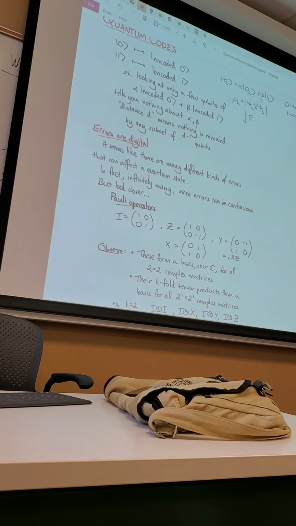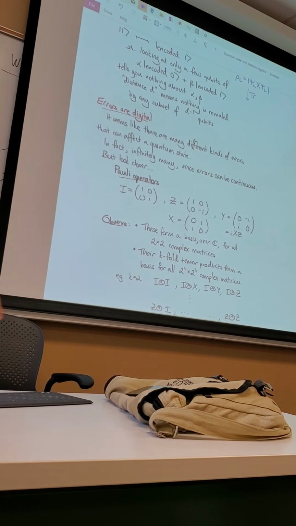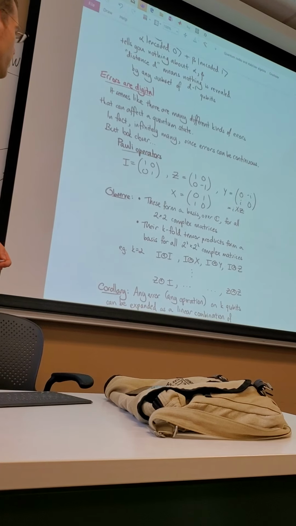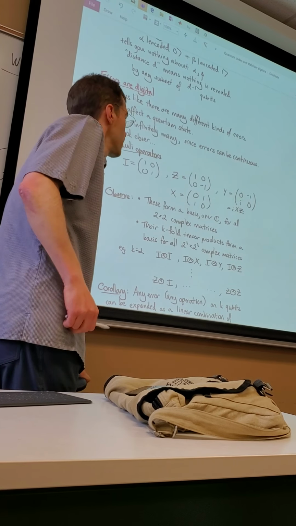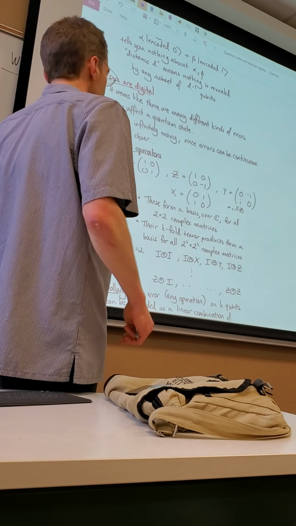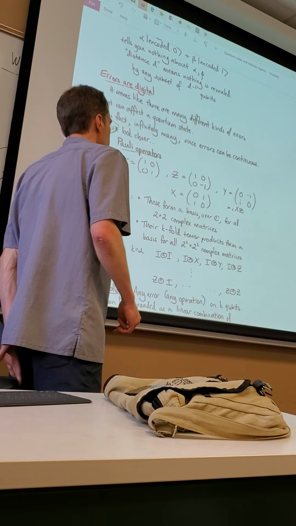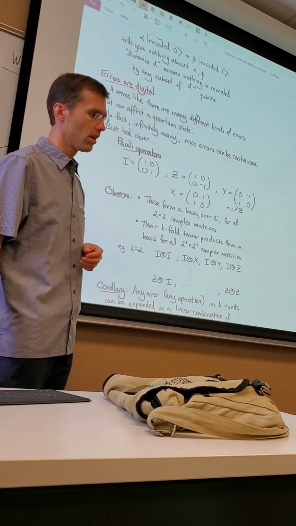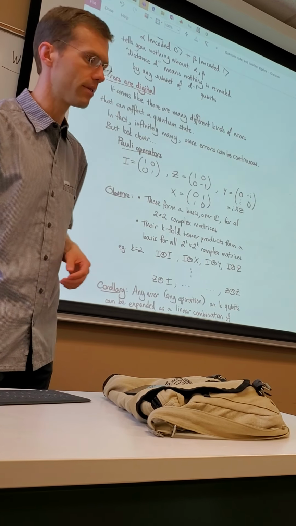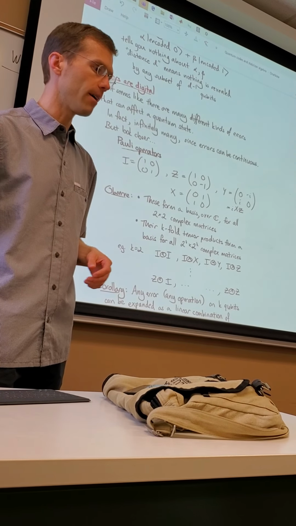But nonetheless, you can. The reason essentially is that the Pauli operators form a basis. The 1 qubit Pauli operators form a basis, and the 2 qubit Pauli operators form a basis for the 2 qubit matrices.